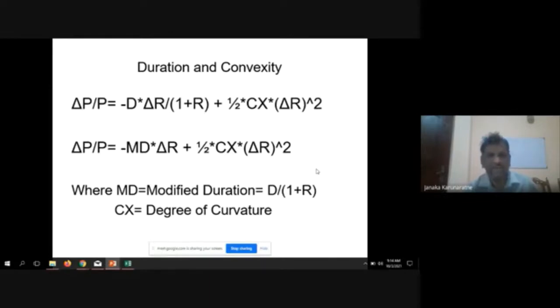Can someone tell what we have to do? So this is the risk management part.